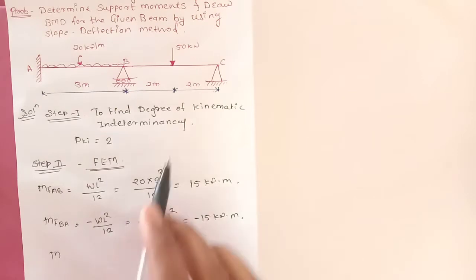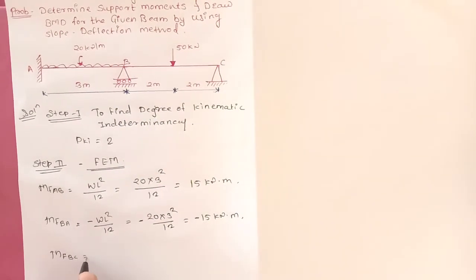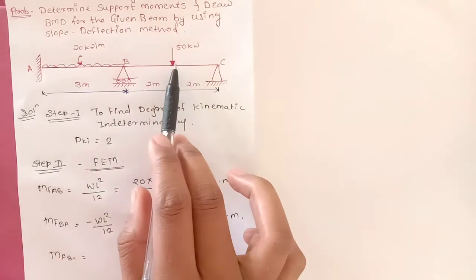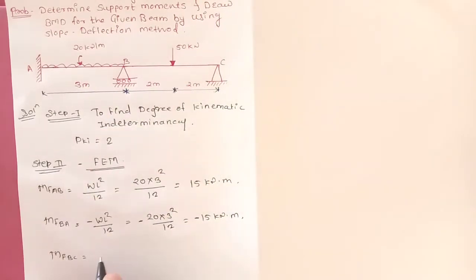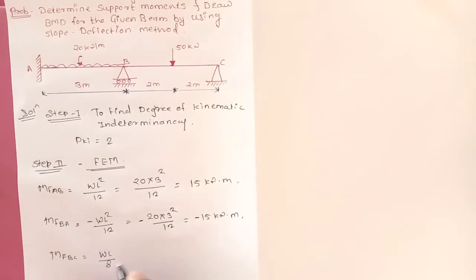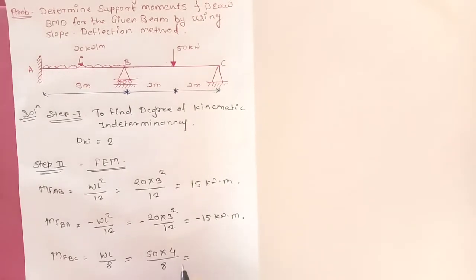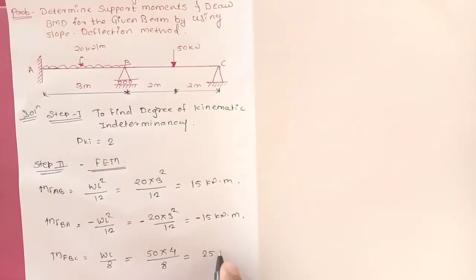Then next, the fixed end moment for member BC. Over this BC member, a 50 kilonewton point load acts. So the formula is WL by 8. So here W is 50 into L, which is nothing but 4 meter, divided by 8. So this value is nothing but 25.